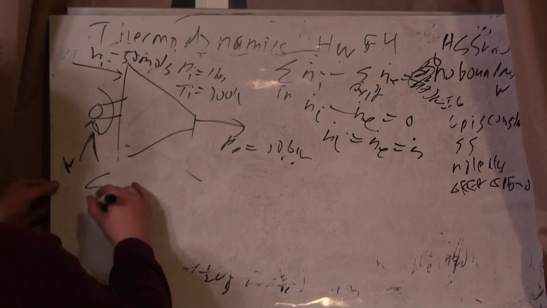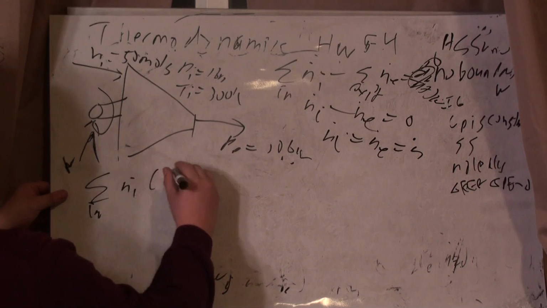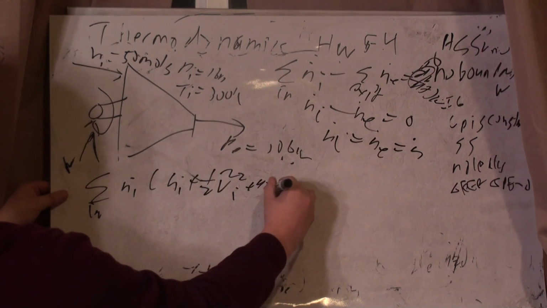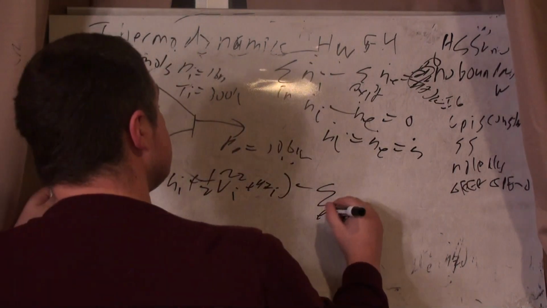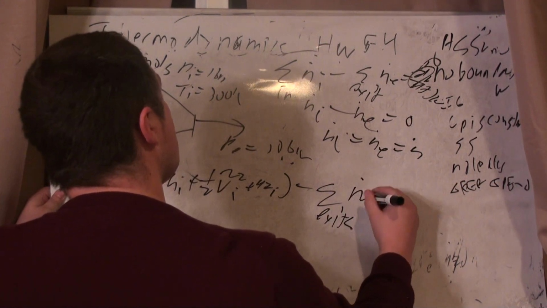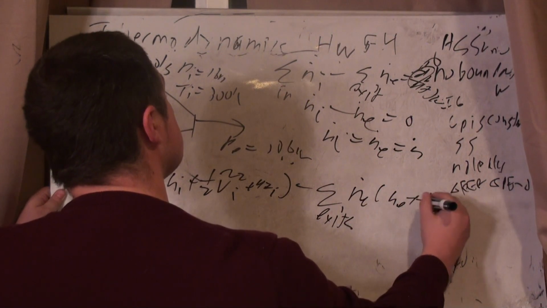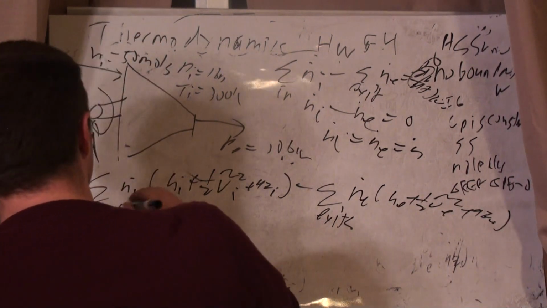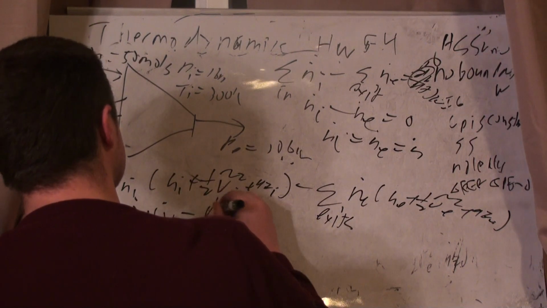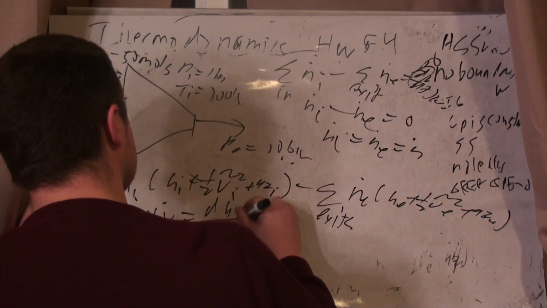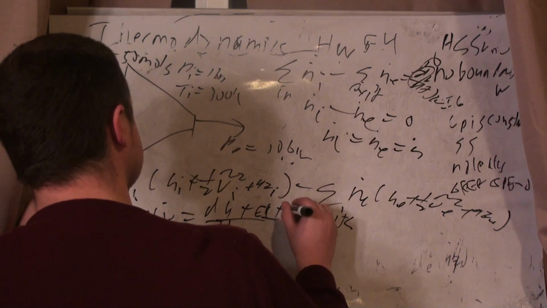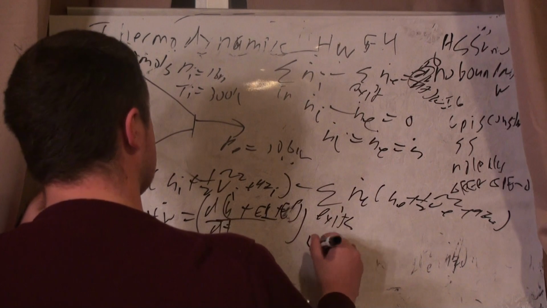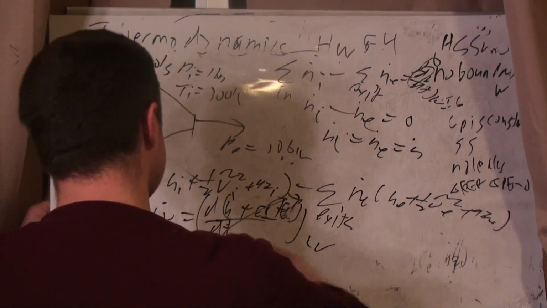Now my energy balance. The sum of in, N dot I times (H I plus one half V squared I plus g Z I), minus the sum of exits, N dot E times (H E plus one half V squared E plus g Z E), plus Q dot plus W dot equals dU/dt plus dEK plus dEP. The control volume term goes to 0 because it's steady state.